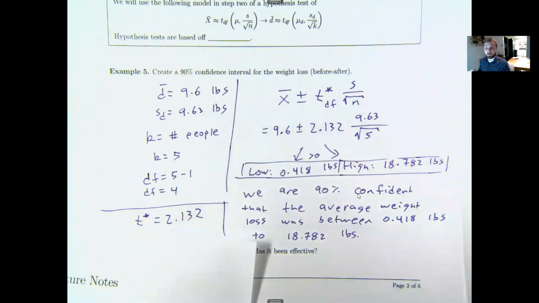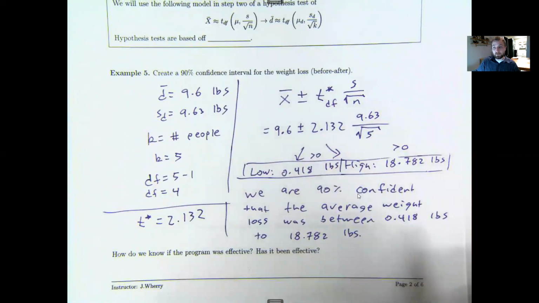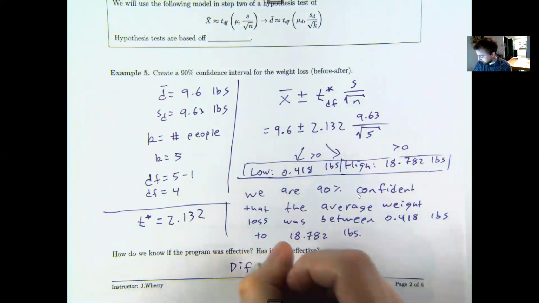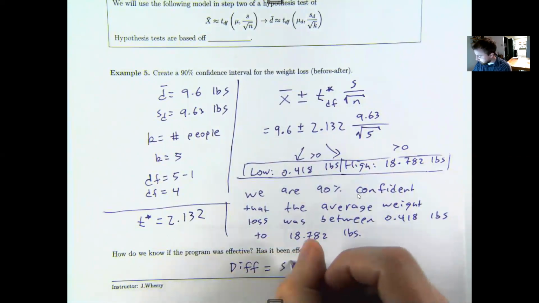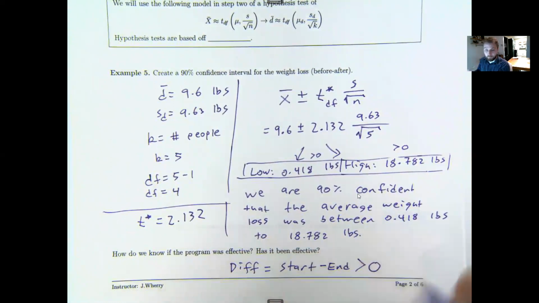It's bigger than 0. This was also a positive number. That's greater than 0 as well. So my confidence interval for the difference, being the starting weight minus the ending weight, ended up being greater than 0.